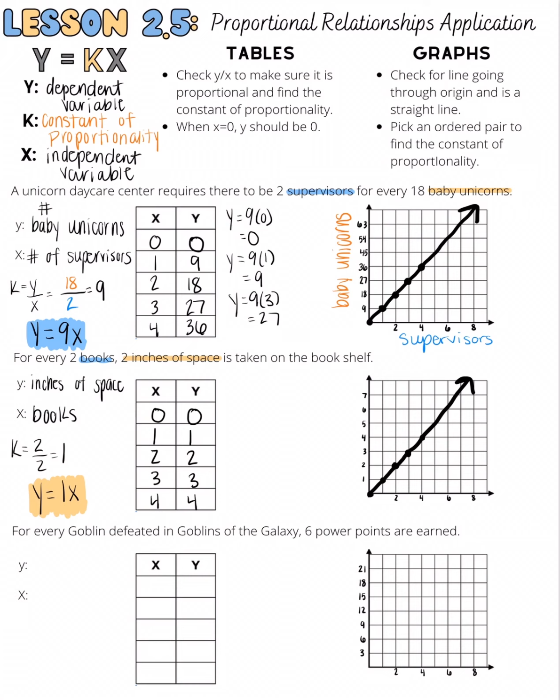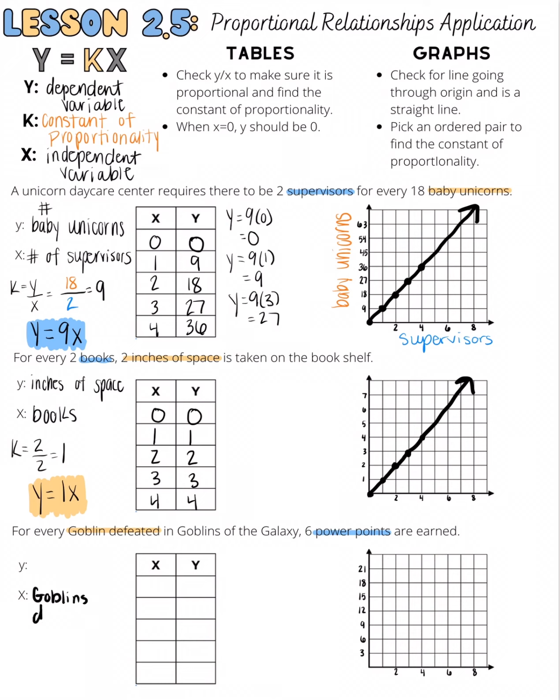So for the last one, for every goblin defeated in Goblins of the Galaxy, 6 power points are earned. So we're dealing with how many goblins were defeated with power points. Okay, those are our 2 options. Okay, we get to decide how many goblins we defeat. So the x is going to be our goblins defeated.